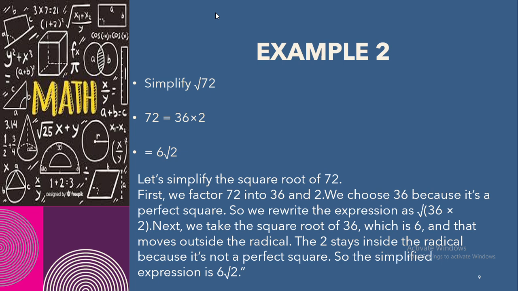Next, we take the square root of 36, which is 6, and that moves outside the radical. This 2 stays inside the radical because it's not a perfect square. So the simplified expression is 6 square root 2.